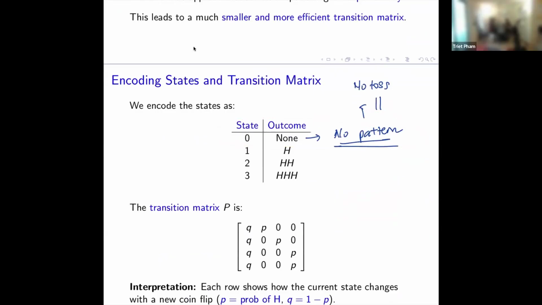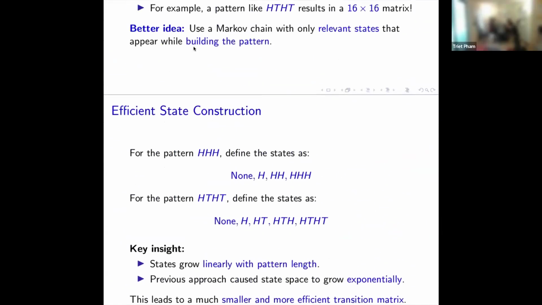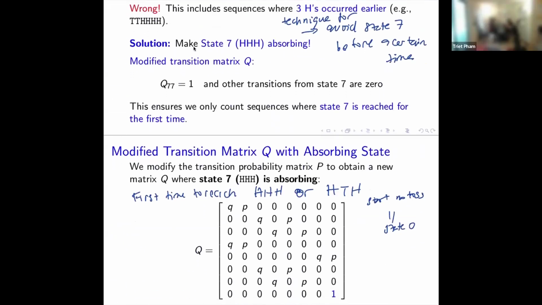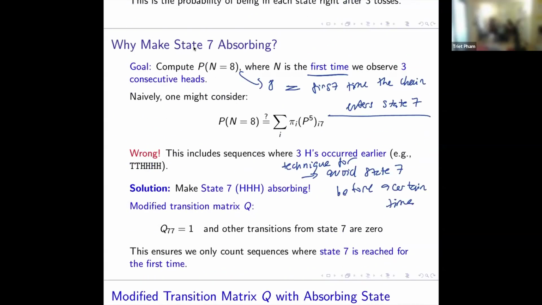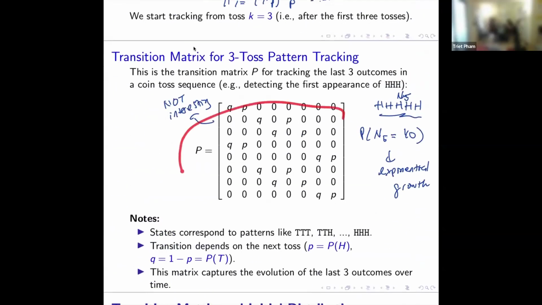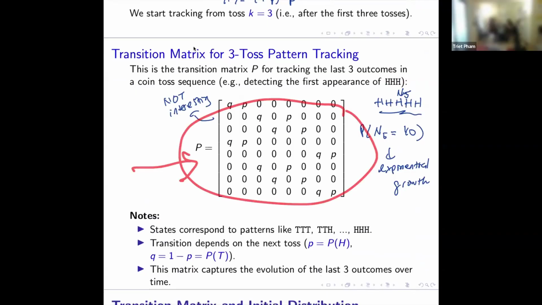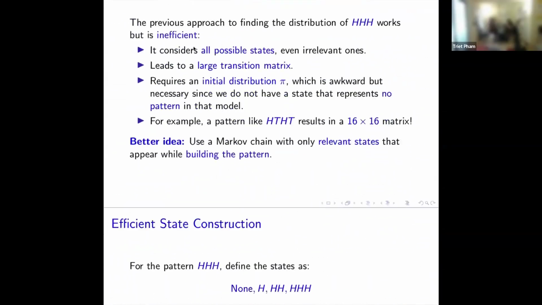Because remember, the point here is efficient encoding. We said you should not encode a lot, while it's not necessary. Like this is way too much. So we reduce to this.